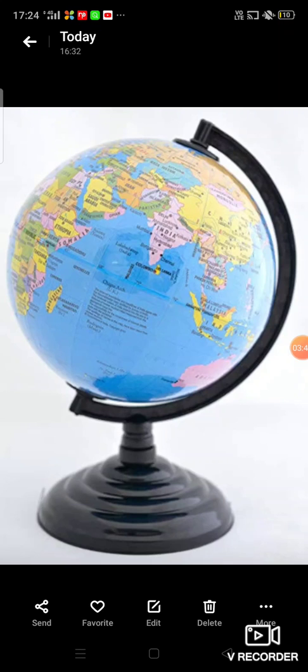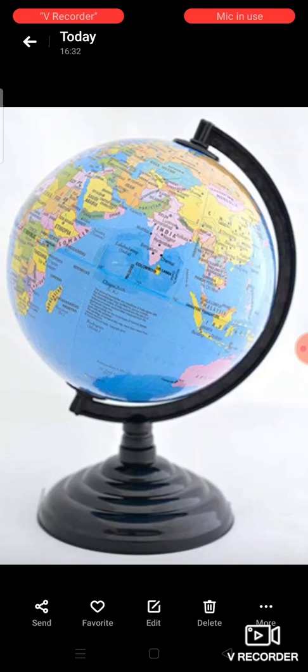It is the picture of a globe which is mounted on a stand with its axis tilted by 23 degrees from the vertical. Vertical means a line which is from the north to south. Axis means an imaginary line which passes through the middle of the earth.